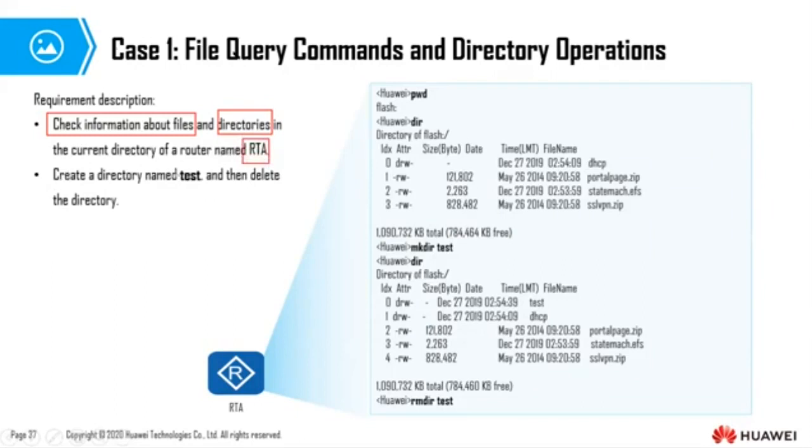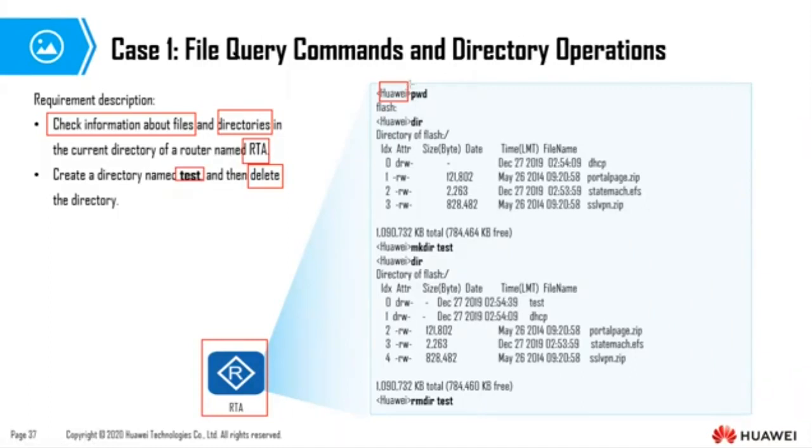Then we are supposed to create a directory named test, then we delete it. So that is what we want. So this is the router. It's named RTA, they say, but from here you can really see that the name is still Huawei and not RTA. So I don't know why they said that.